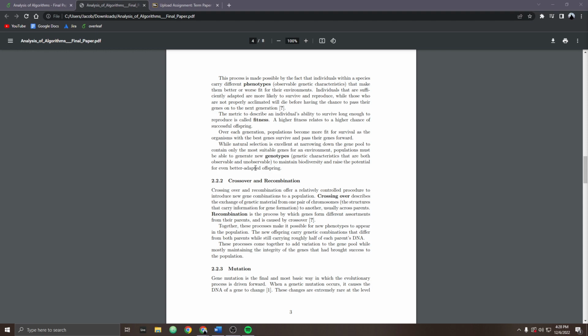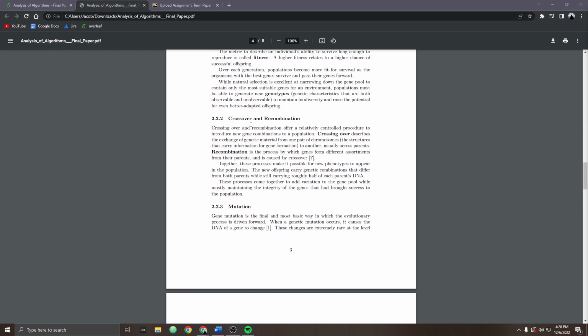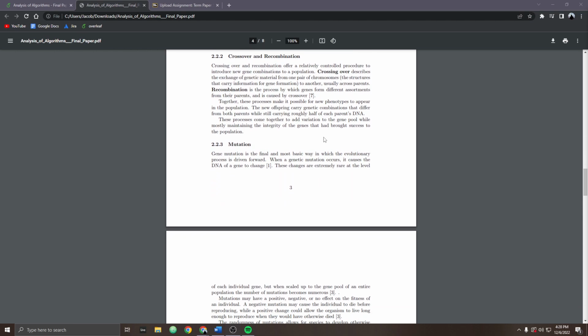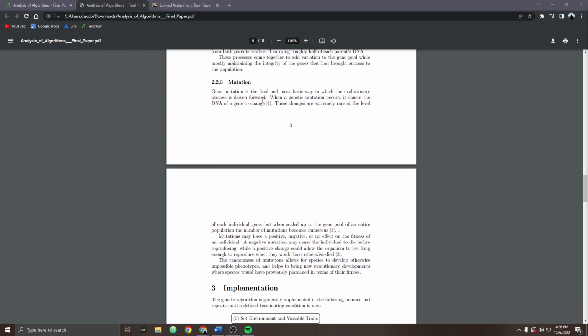but we have to find new ways to introduce diversity to it, and this comes in through crossover and recombination first, which is a way to maintain the integrity of what was the strongest, what was successful during the natural selection, but still introducing a little bit of newness to it. So it'll basically take two parents and create a unique child that is distinct from either parent, and that of course maintains the integrity.